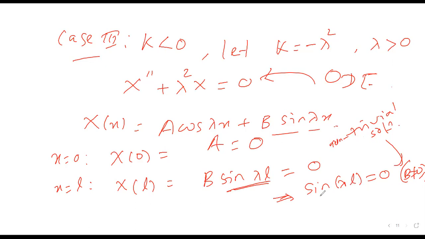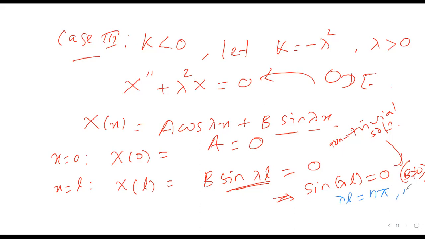So how does sine lambda L come to be equal to 0? In which situation is sine of something equal to 0? In the trigonometric way, wherever pi comes in, in pi terms, the sine will be 0.